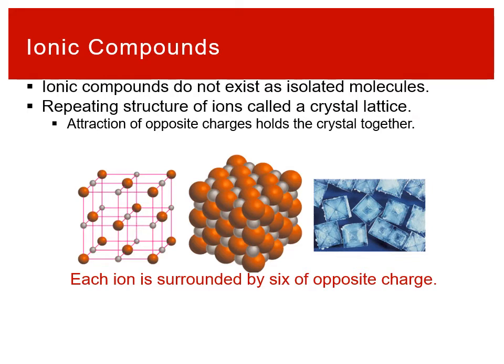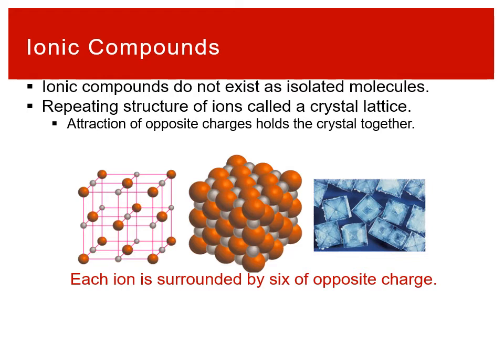When ionic compounds actually form, it's not just single atoms coming together. Instead, we're having huge numbers of atoms come together, not molecules like we previously talked about. We'll see that's what covalent compounds do. But in ionic compounds, we have, say, thousands or billions or trillions of ions coming together, and they arrange in a repeating structure that's called a crystal lattice.